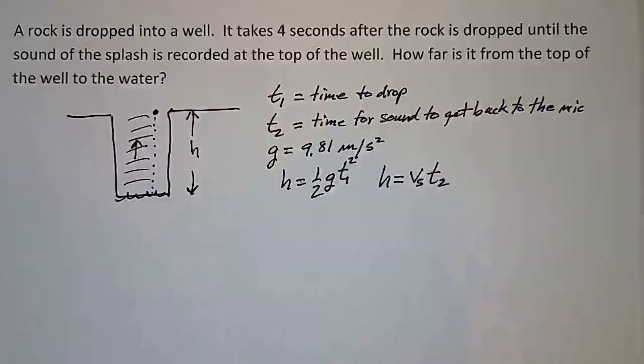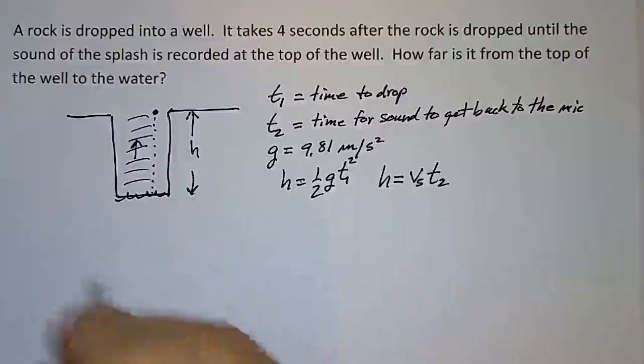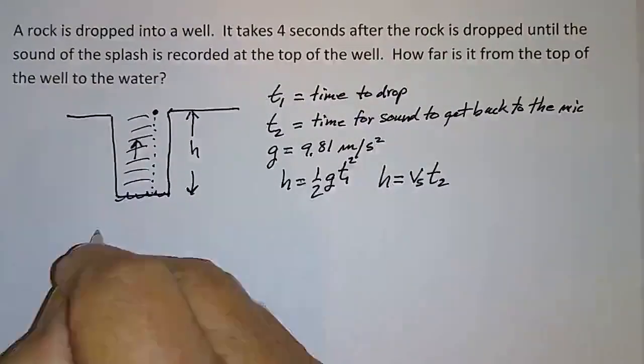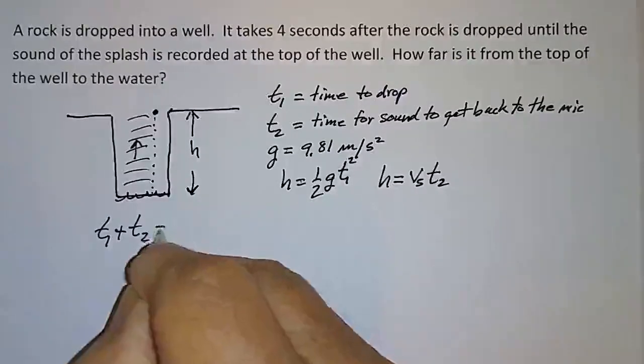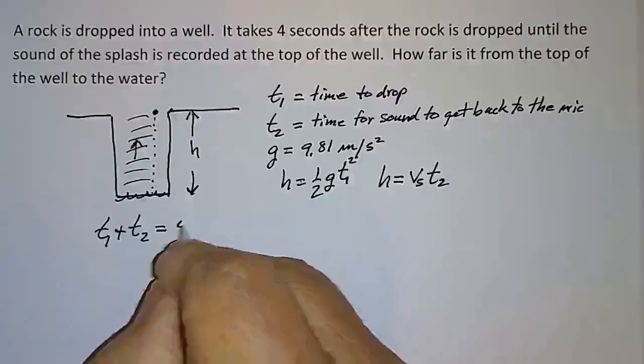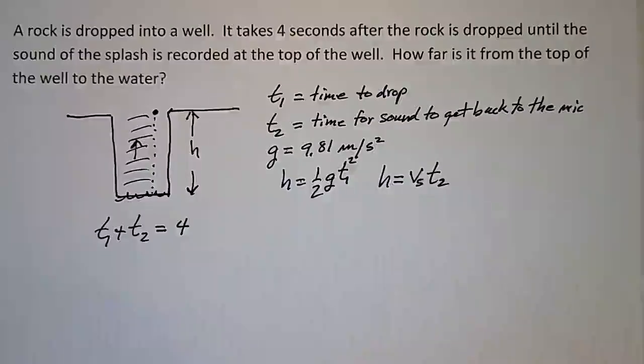The total amount of time that it took is T1 plus T2. In other words, T1 plus T2 is equal to 4 seconds. I'm just going to write down a 4 because that's easier than introducing another variable.